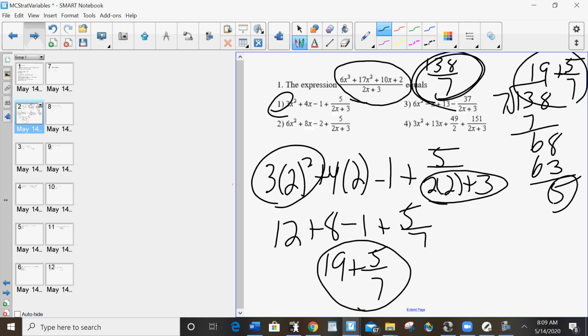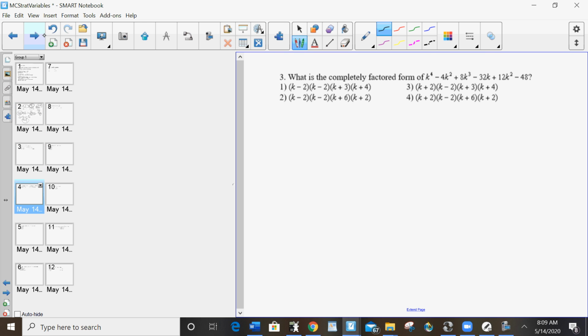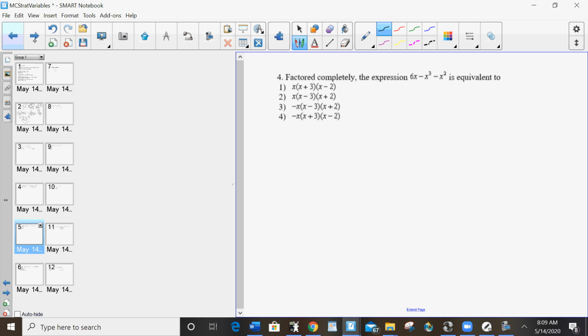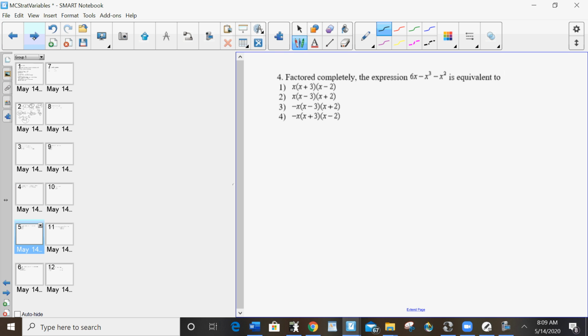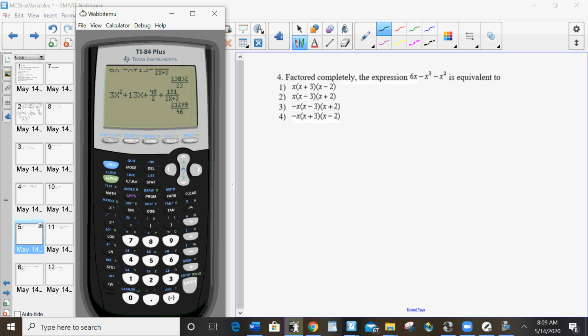So let's try another example. We'll do both calculator and non-calculator. Let's do the factoring one. Let's do number 4. So if I'm using the calculator, I already stored my value, so I don't have to do it again.